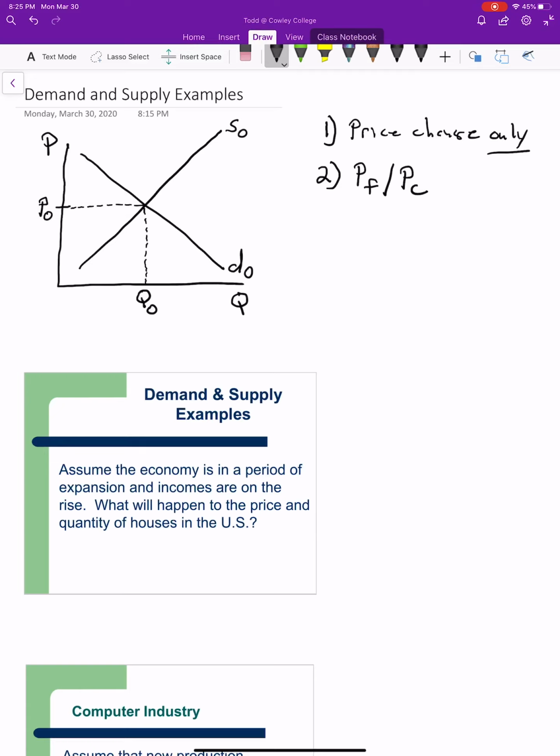If none of those are mentioned, then you want to look for a demand shifter, and if it isn't a demand shifter, then it has to be a supply shifter. Once you've determined which one it is, we'll shift the appropriate curve one direction or the other, and then we'll come up with our new equilibrium. All right, let's give this a shot.